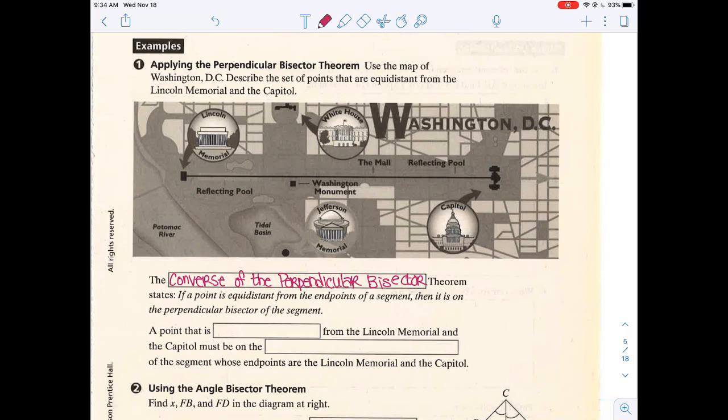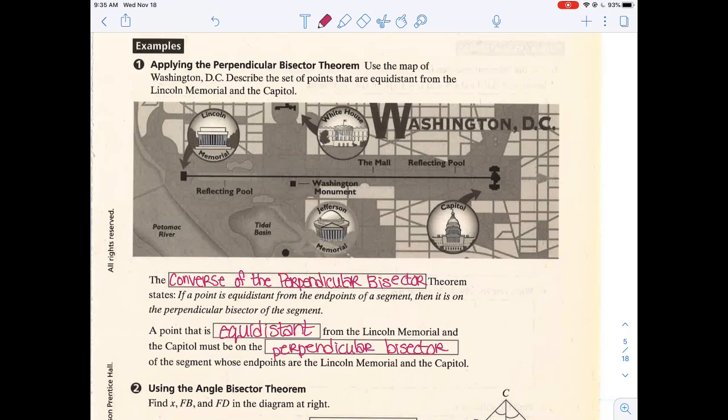That's not new information. A point that is equidistant from the Lincoln Memorial and the Capitol must be on the perpendicular bisector of the segment whose endpoints are the Lincoln Memorial and the Capitol.